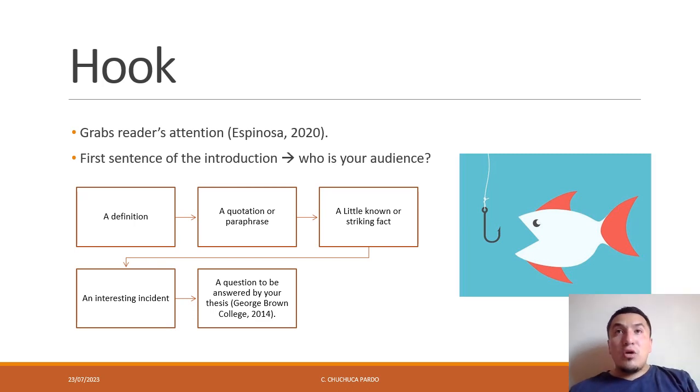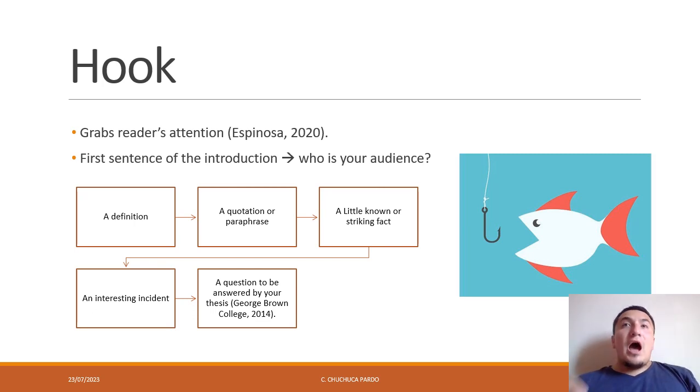So, a hook could be a definition, a quotation or paraphrase, a little-known or striking fact, an interesting incident about the topic, or a question to be answered by your thesis. For example, a hook could be a definition, but not the typical definition.